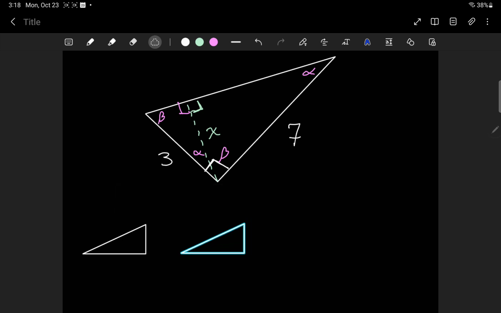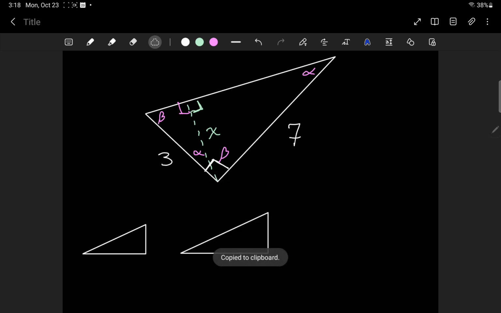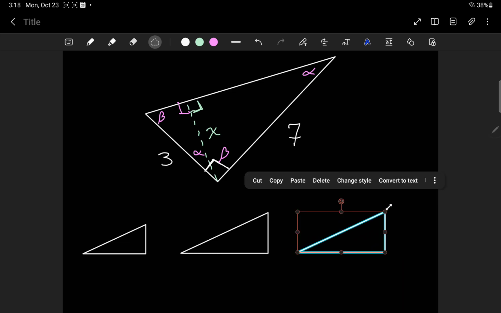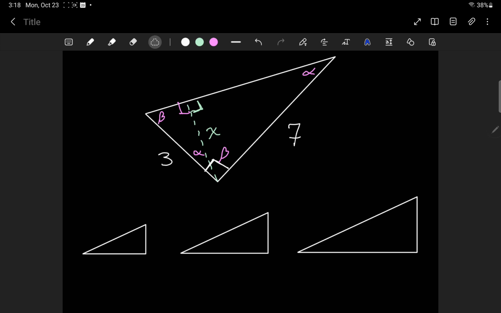And then I'll put the medium one right next to it. And then the largest one I'll put, so this would be the whole thing, right? The reason I'm setting them up this way is so that I can say for each of these, I've got alpha, beta, right angle, alpha, beta, right angle, and I just find that helps me keep track of everything around here.